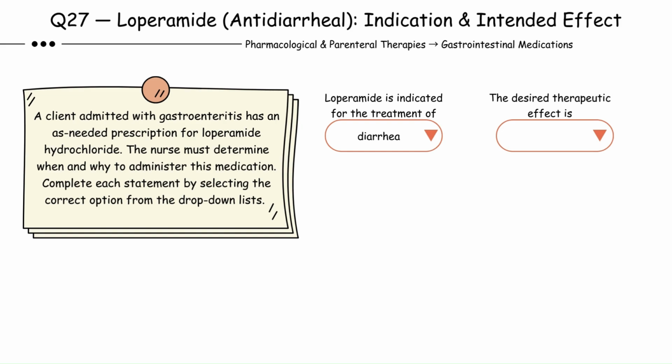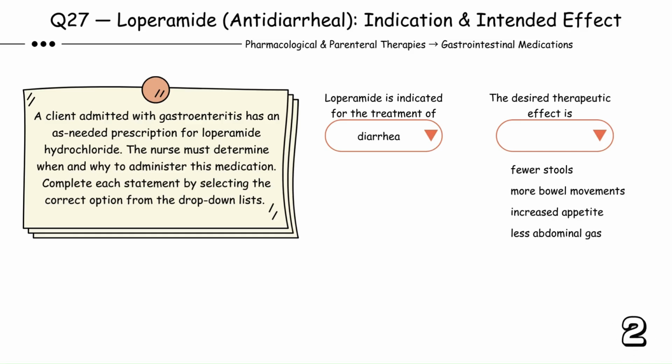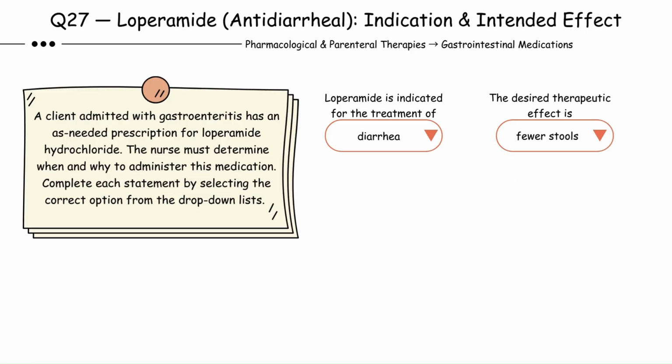The desired therapeutic effect is blank 2. Options: fewer stools, more bowel movements, increased appetite, less abdominal gas. Take a moment here as well. The correct answer is fewer stools.